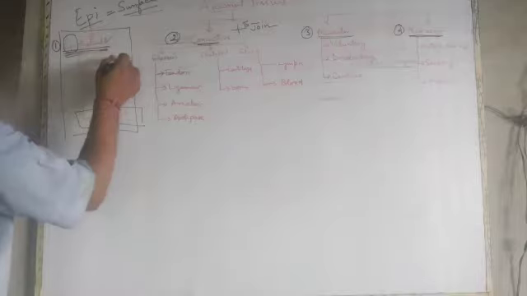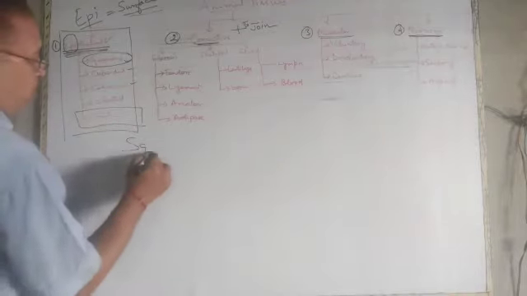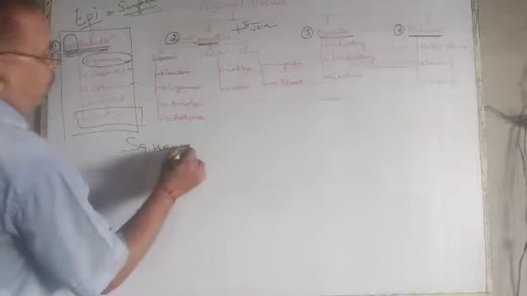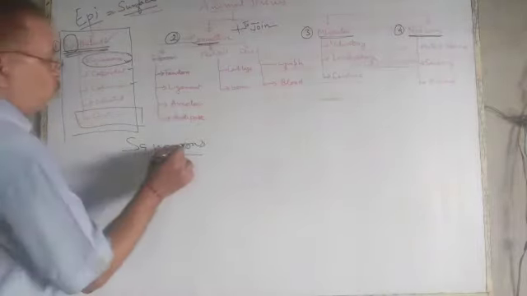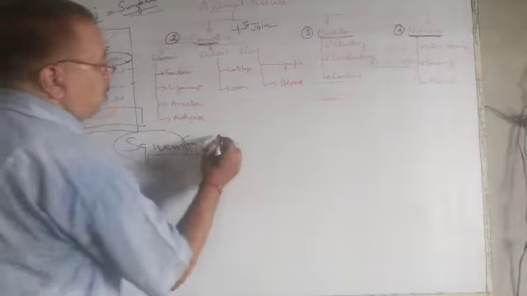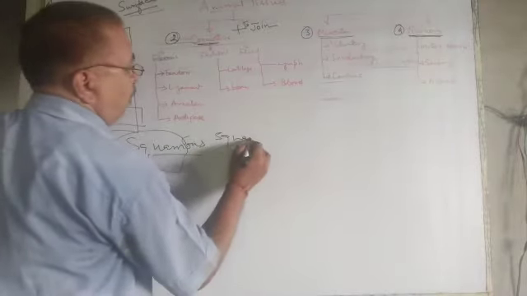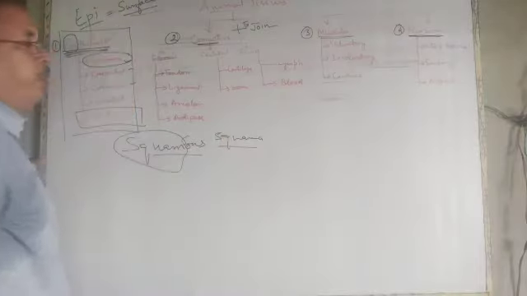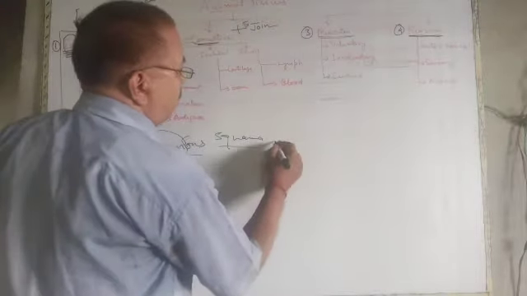Now what is this name, squamous? The first kind is squamous. Squamous is taken from the word squama. Squama means scale. You may have seen the snake.